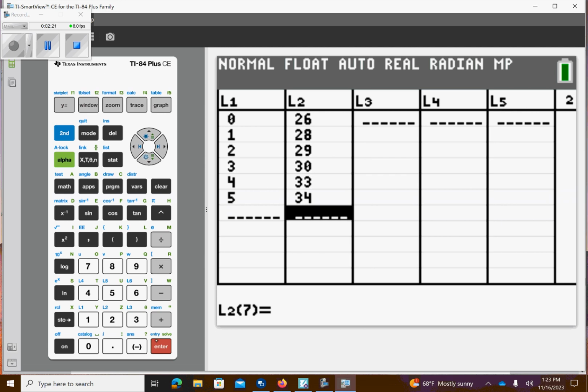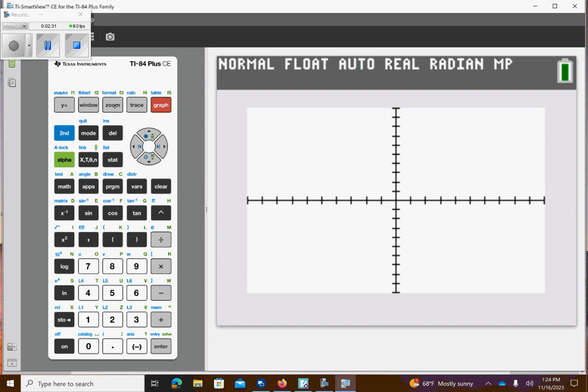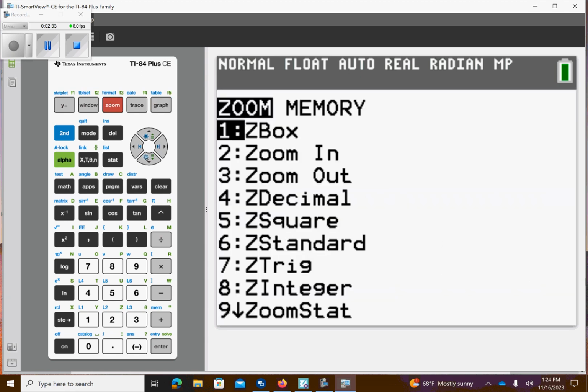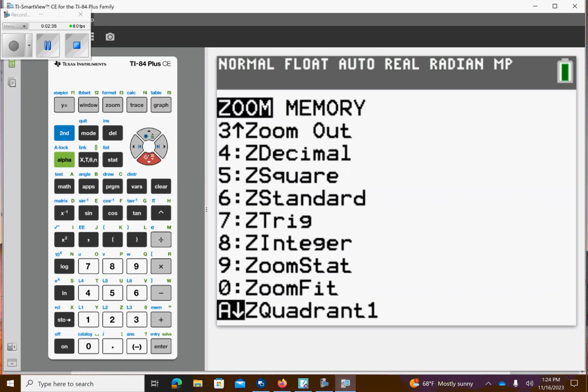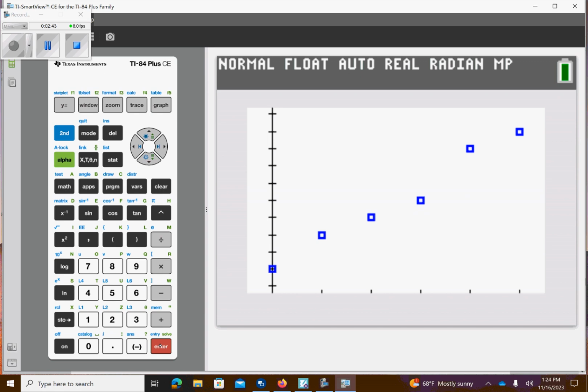Okay, so if we wanted to take a look at what the data looks like, we already turned our stat plot on, so if we hit graph, we're not going to see it. But if we hit zoom and then we go down to 0, which is zoom stat, or zoom number 9, we hit it, and that shows us our data.